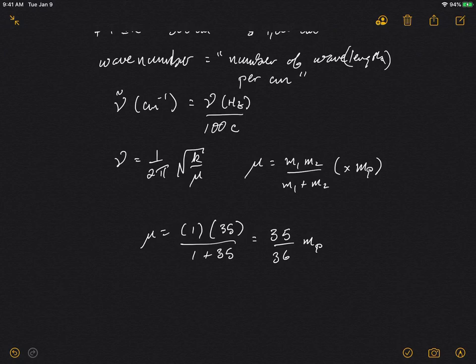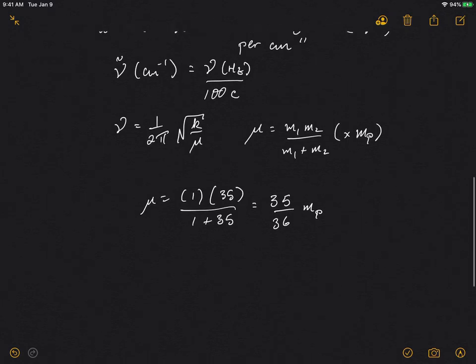The lighter atom here is the hydrogen, the proton, and it has a mass of 1 times the mass of a proton. And so we end up with 35 over 36, which is a few percent less than 1.